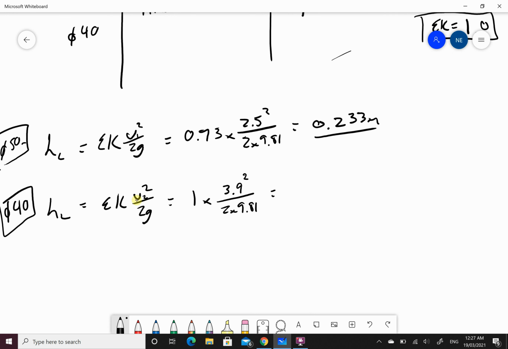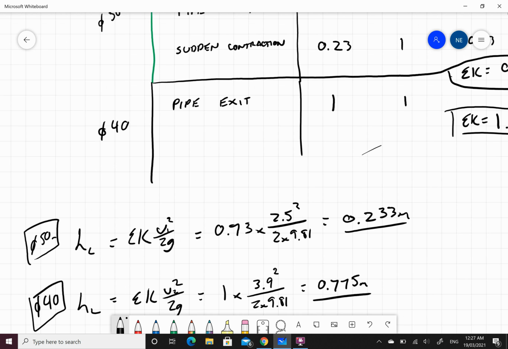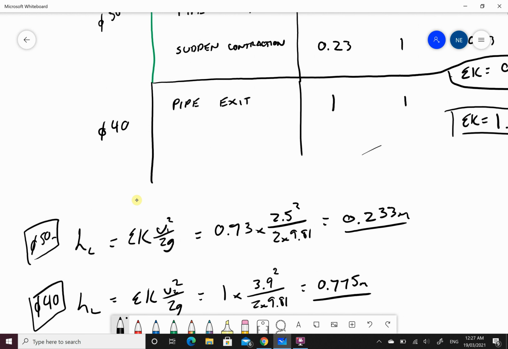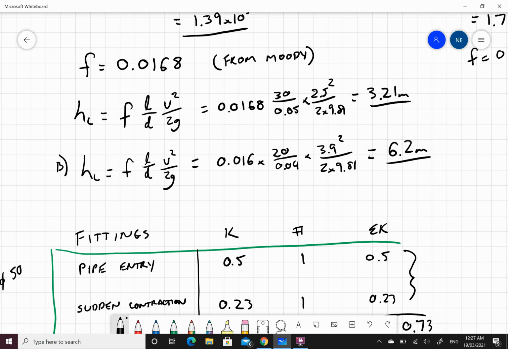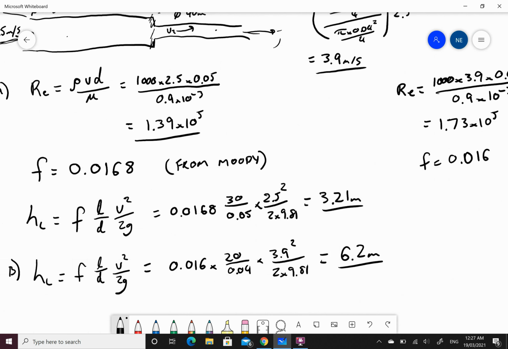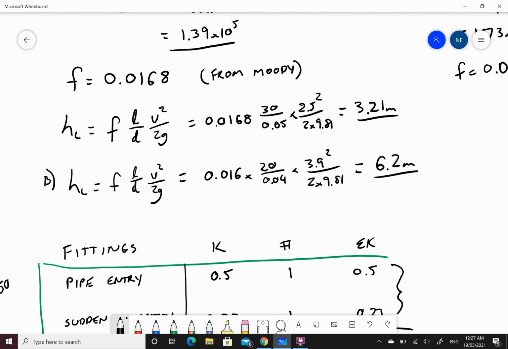Alright, and what you find this here is 0.775 meters. So that's what I have. My loss due to fittings in the first bit of pipe, my loss due to fittings in the second bit of pipe. I have my loss due to friction in the first bit and the second bit.